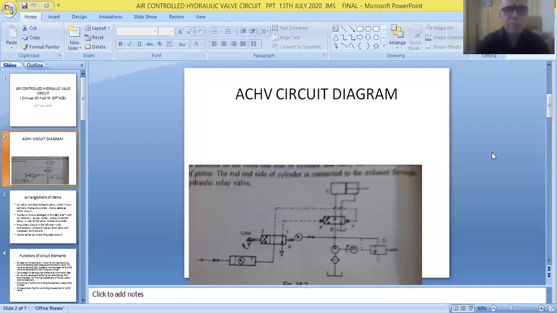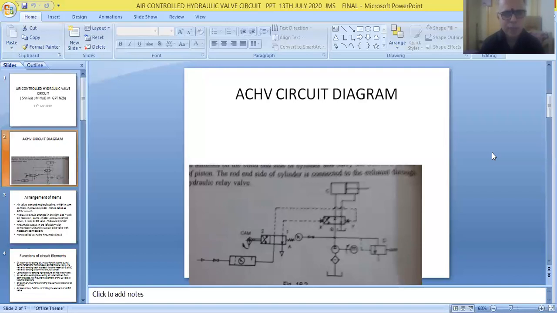So the cam mechanism, mechanical actuation, is used for operating the element of the pneumatic valve, the air valve, and similarly air actuation is used for operating the element of the hydraulic valve. So friends, an element is very, very essential, whether it is an air valve or a hydraulic valve.